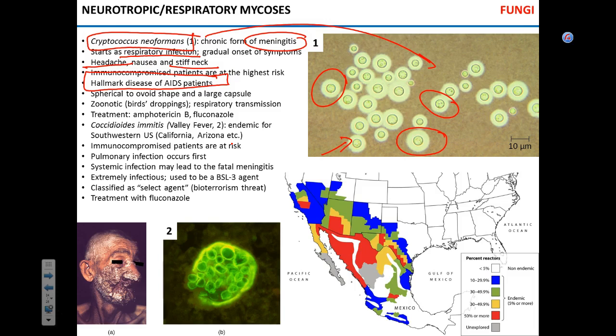Transmission route for Cryptococcus neoformans is zoonotic. You can acquire it from aerosolized bird droppings or bat droppings. It's treatable. But the main problem with treating any fungal, any eukaryotic infection in immunocompromised patients is that the majority of drugs are not fungicidal, they're fungistatic.